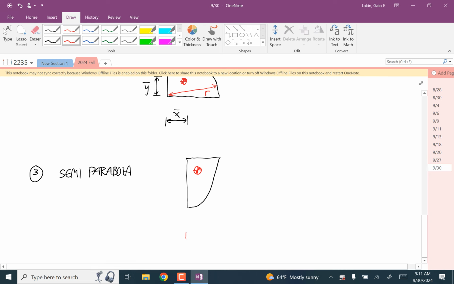I'm going to call this distance A and this distance H. And then this is X bar, and the long length here is Y bar.